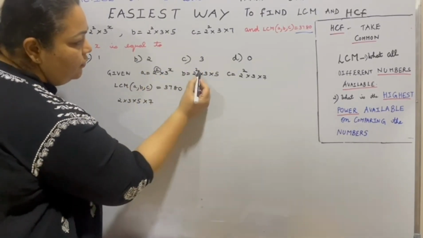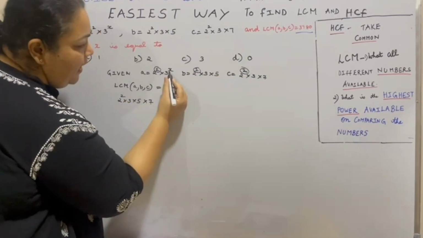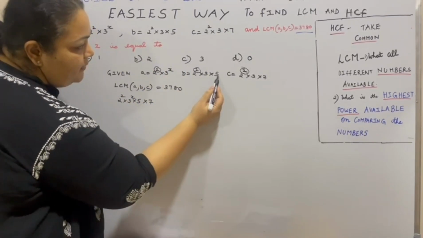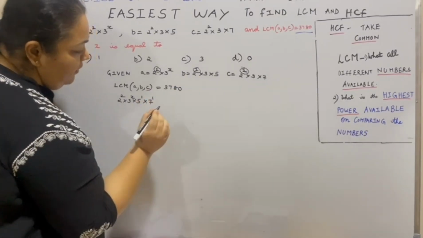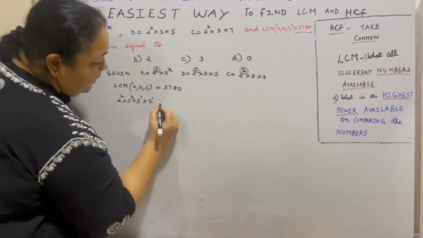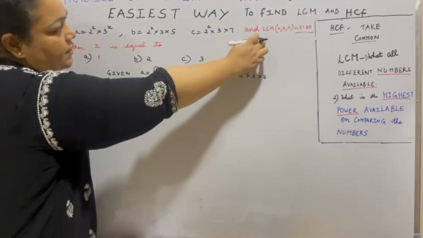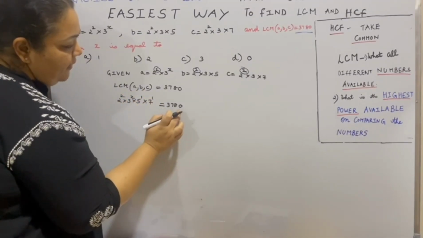For 2 it is squared, and for 3 it is x. So x is unknown, so we'll write this as x. And for 5 and 7, 5 to the power of 1 and 7 to the power of 1. So this is the LCM. In the question they have already given LCM of A, B and C is equal to 3780.